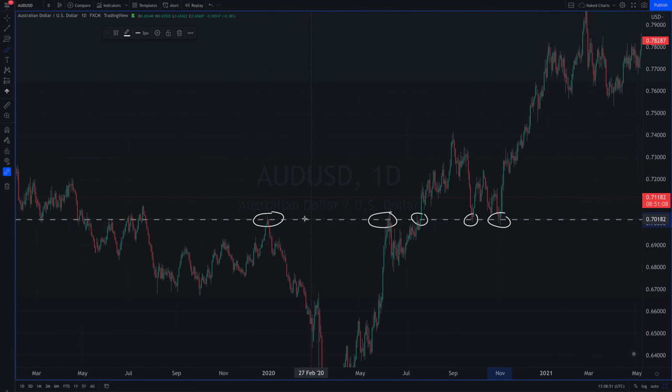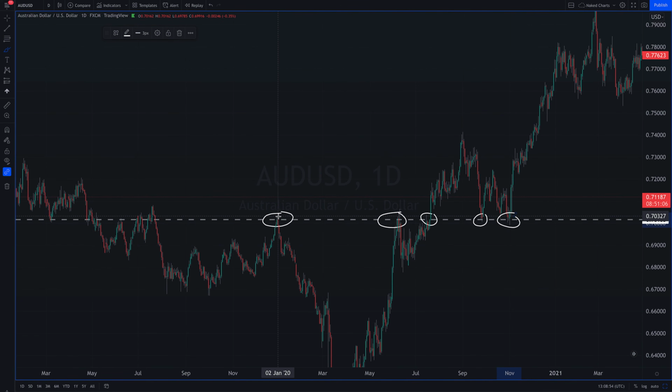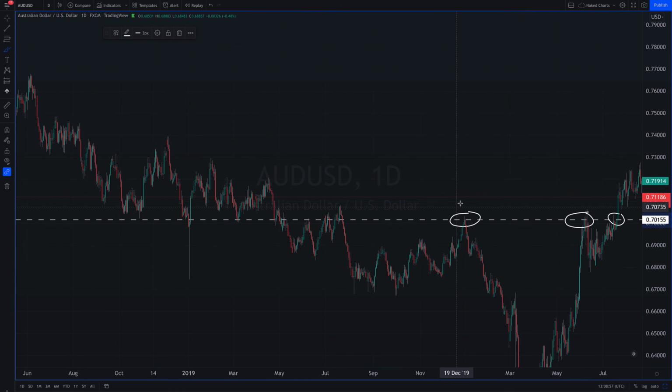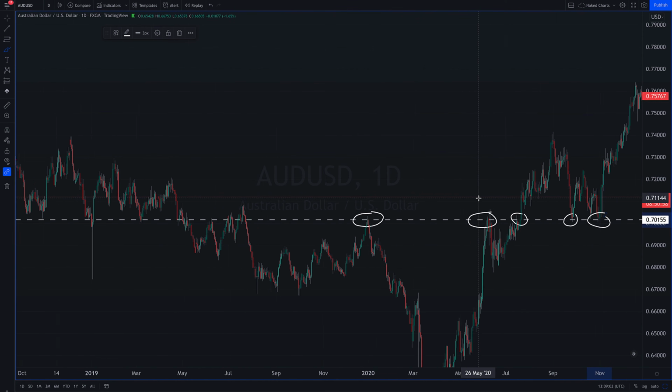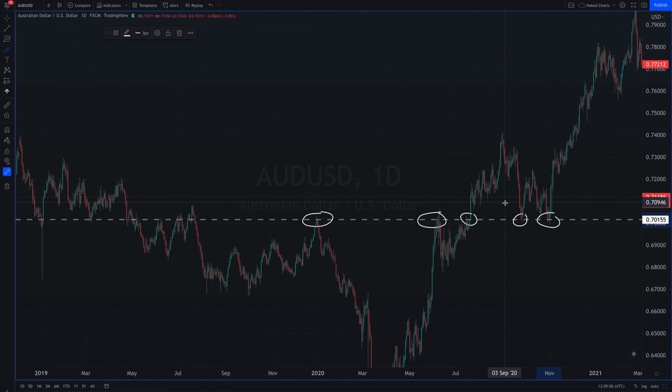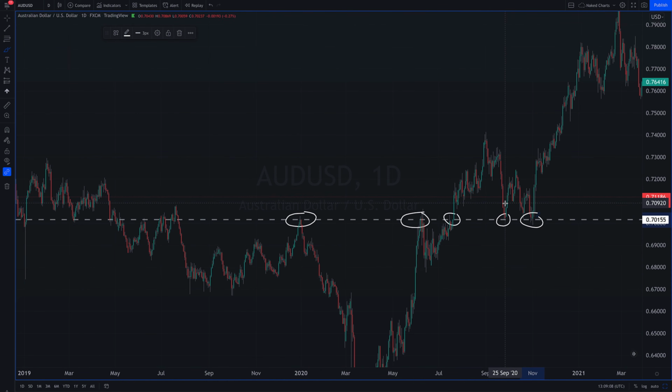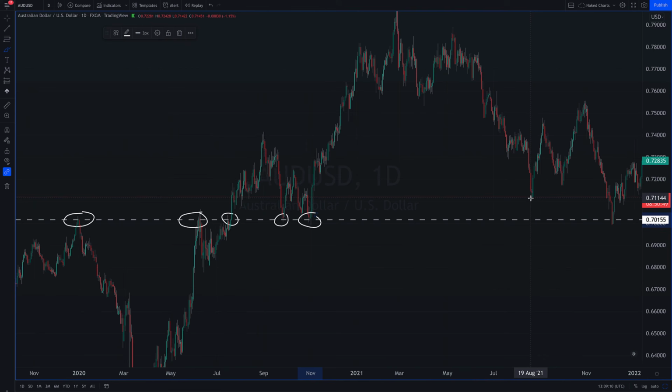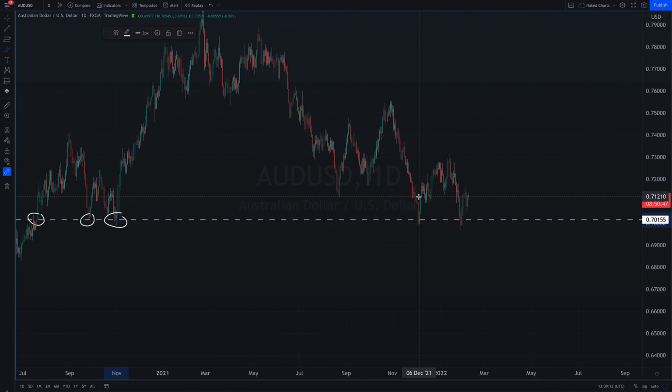So this level here, we could have identified it on the 2nd of January 2020. In fact, it goes further back, but let's assume 2nd of January 2020. There would have been opportunities to trade that even in June, July of that year, September, October, and then coming back to the present day, so the 6th of December, just gone, so that's about a couple of months ago there.